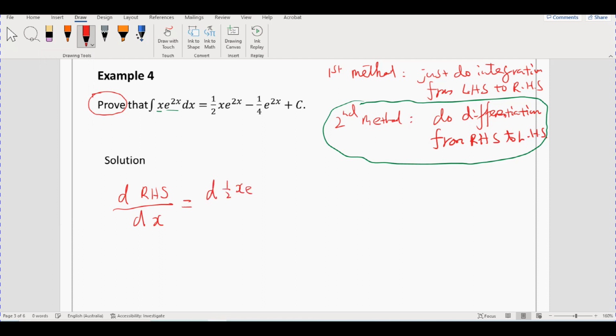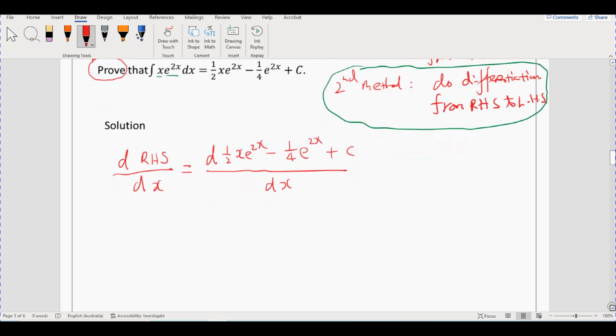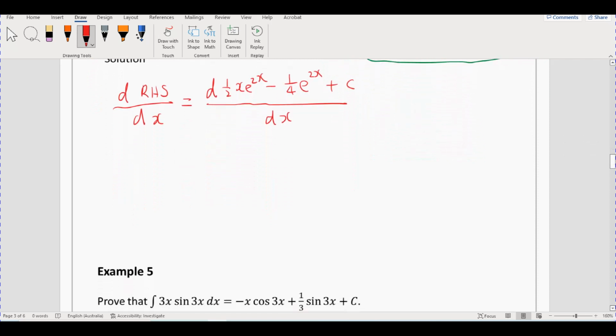Half 2x minus 4 plus c. It's not that simple, not that straightforward to do the integration of that one, but they are integrable. That's the main idea. All right, so you still need to do some hard work. Okay, let's just have this one.